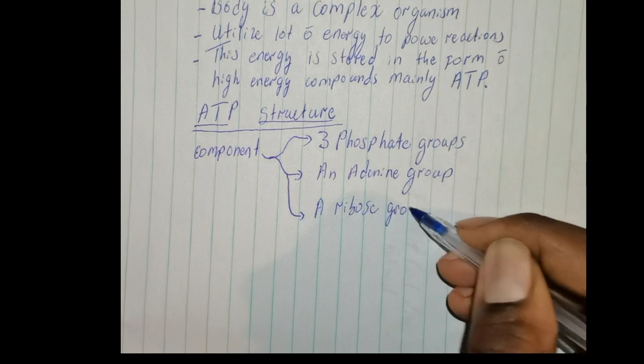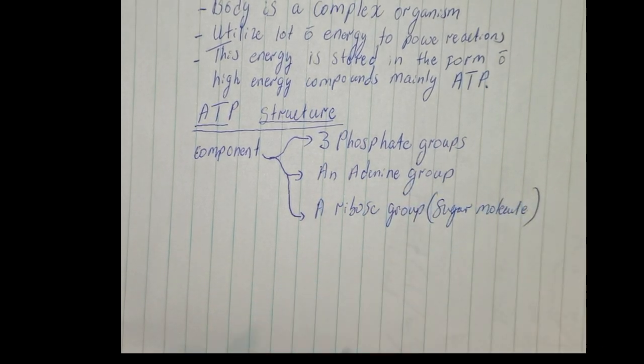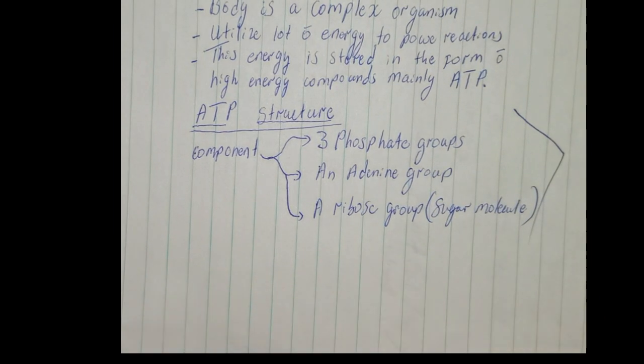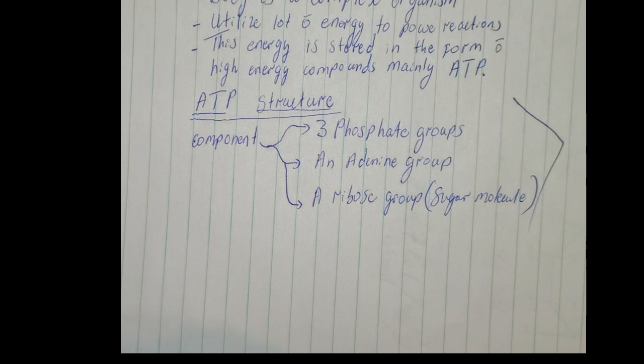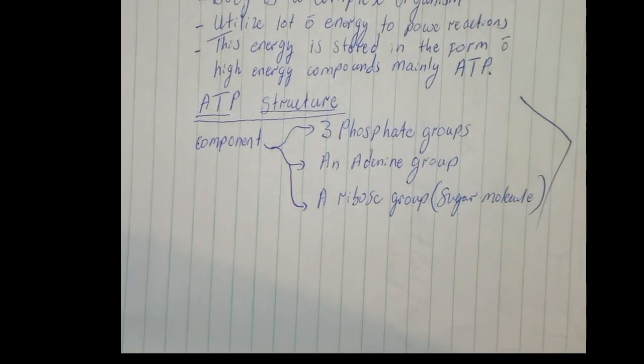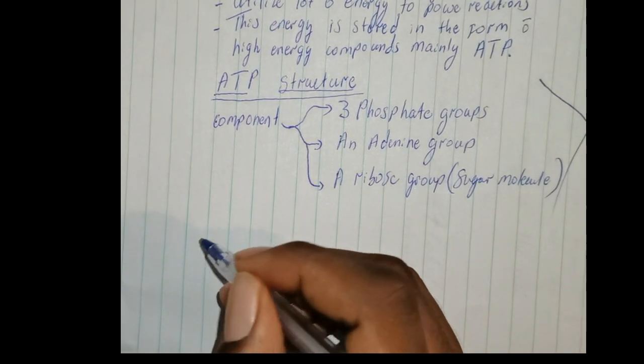However, I did not consider the order there. Actually, it should be three phosphate groups, a ribose group, then an adenine group. Yes. So let us look at the structure of ATP.